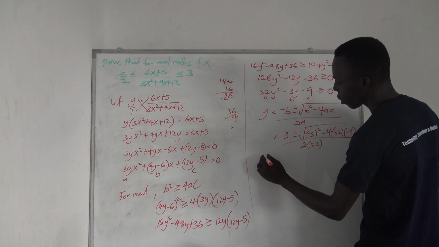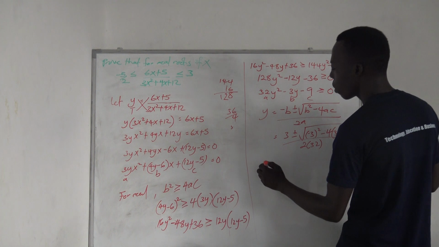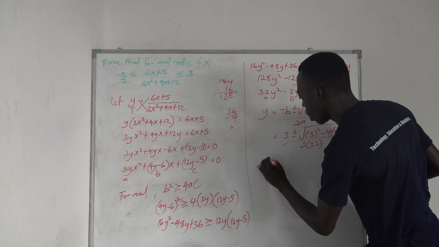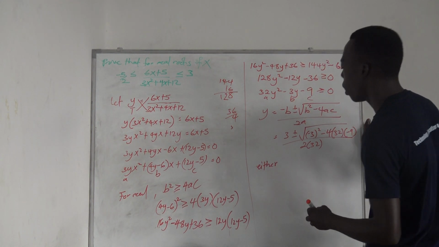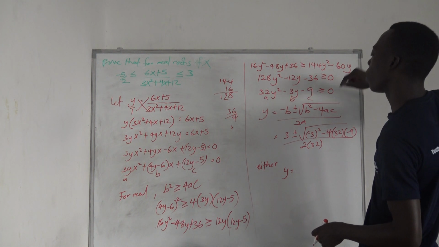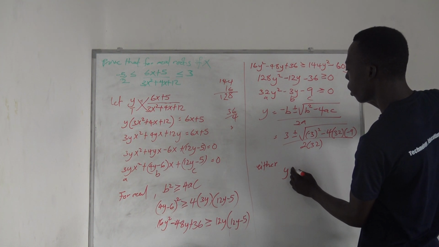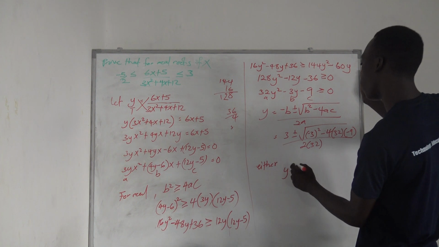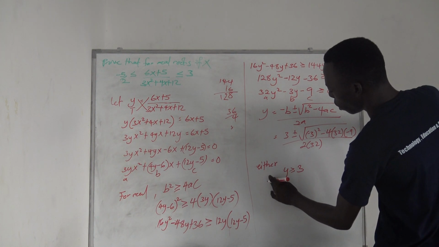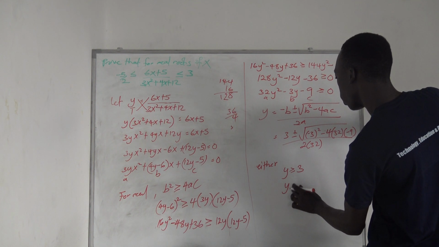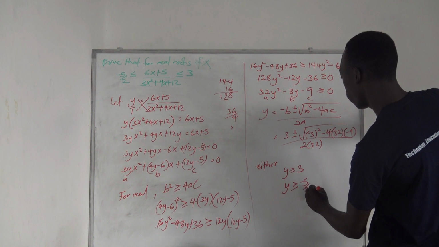So from there we get y1 and y2. Since here we are using greater or equal, our y is greater or equal to 3, and also our y will be greater or equal to negative 5 out of 2.